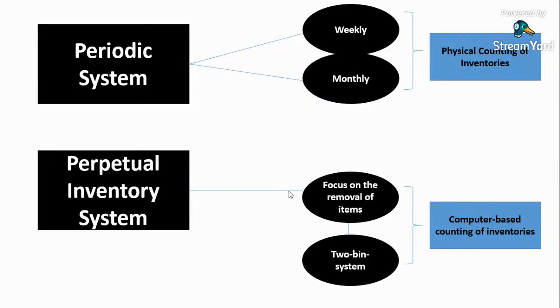Let's say for example, si URC, sobrang daming produkto ni URC. So, hindi nila kakayanin ang physical counting of inventory. So, gumagamit na sila ng perpetual inventory system wherein they are using computer-based counting of inventory.